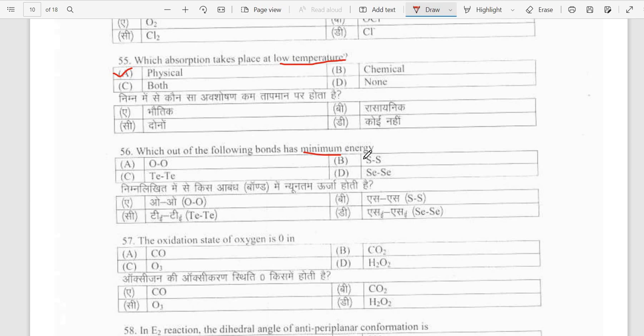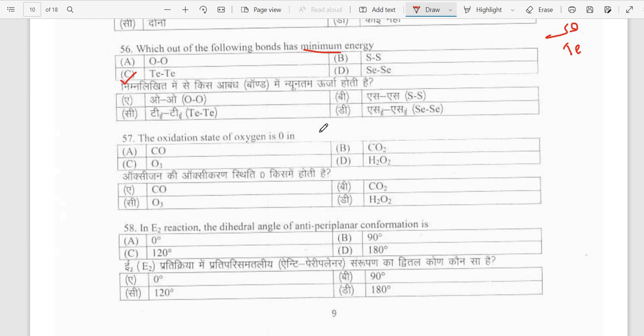In case of oxygen, because of the small size and also due to the lone pair, the repulsion is very high between the two oxygen atoms. That's why this bond energy is high. In case of selenium, its size increases but not too much. Group 16 goes oxygen, then sulfur, then selenium, and then tellurium. Tellurium has the largest size, and that's why its bond energy is minimum. So option C is the correct one.